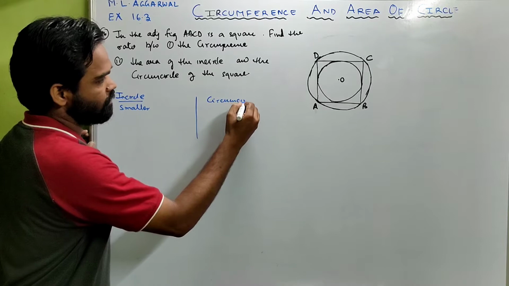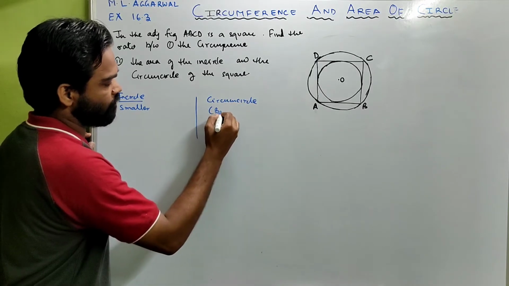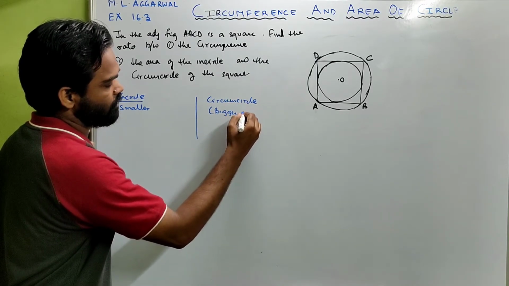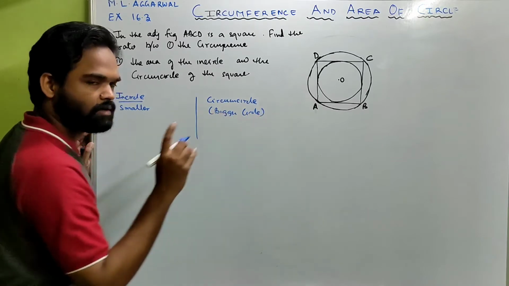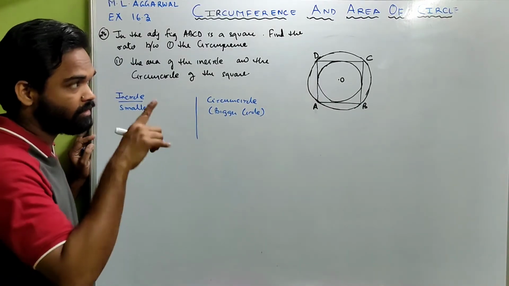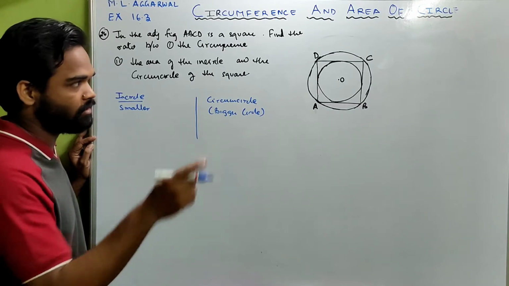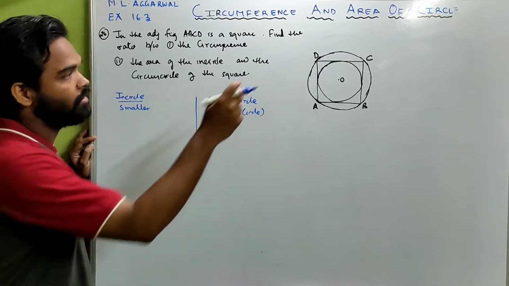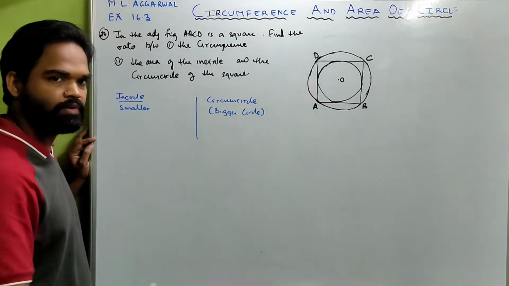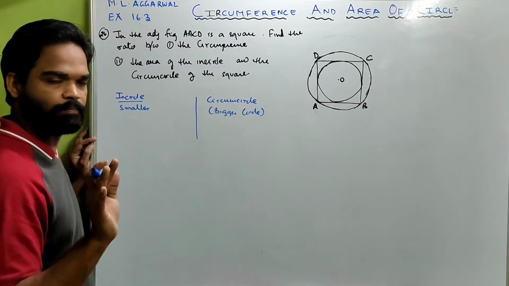You can see that's a bigger circle, of course. Incircle means the circle touches the sides of the square ABCD, and circumcircle means the circle passes through the vertices of the square.